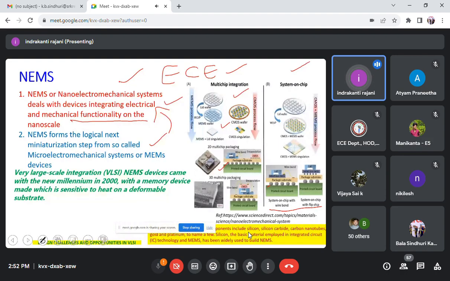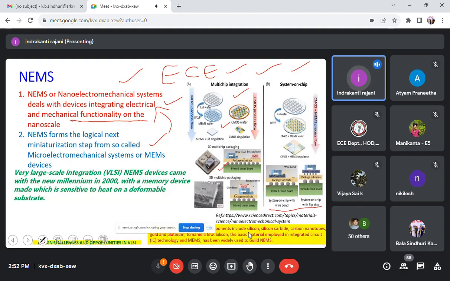So reducing the size of the components without disturbing their working conditions is a challenging part, but not a difficult one. The different types of fabrication techniques come into picture in making these devices, multi-chip integration and system on chip integration.